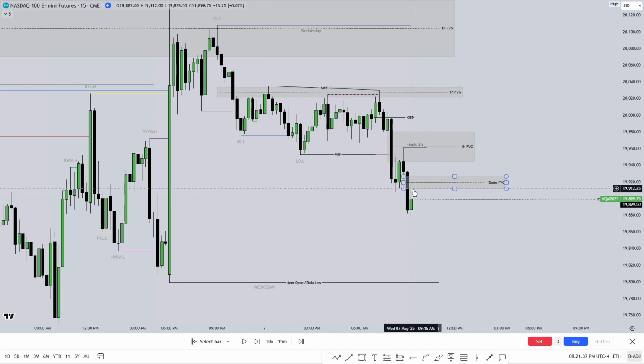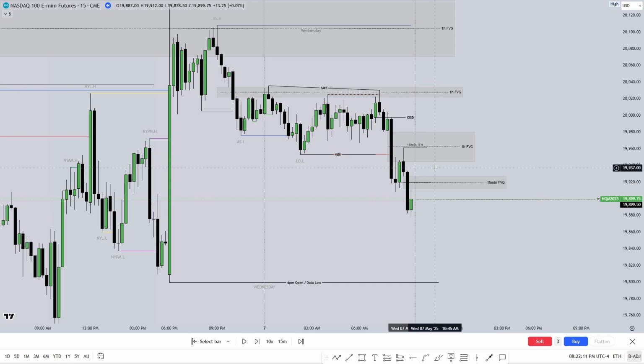You can see we have this 15-minute fair value gap right here, and it's actually supported by a 15-minute bearish order block. Why is this not a valid place to look for shorts from? I wouldn't say it's not valid, but if you have an hourly fair value gap right above a 15-minute fair value gap, the higher time frame fair value gaps are always going to be more dominant and have more meaning in price as opposed to a lower time frame.